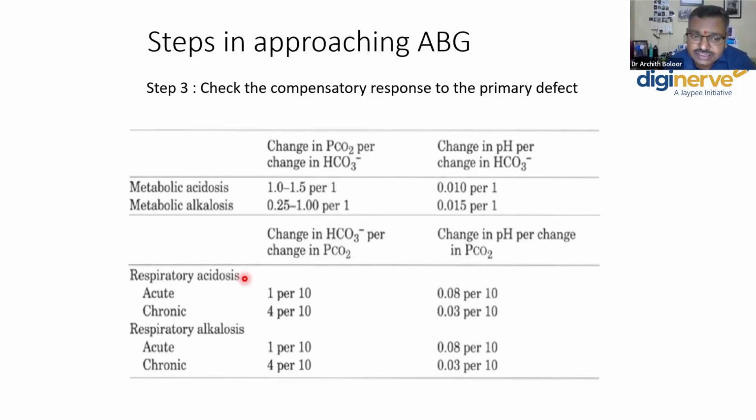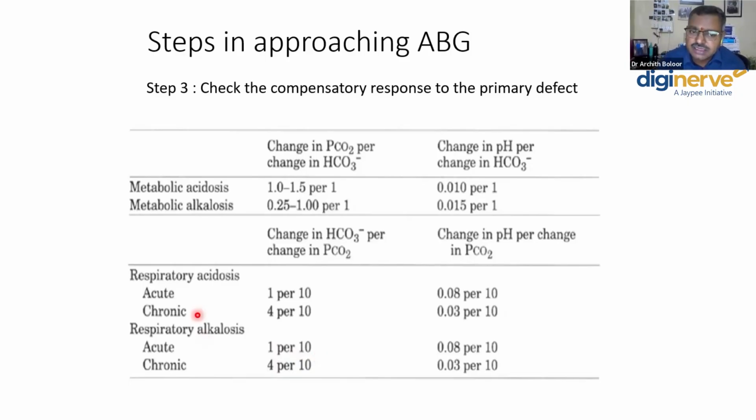In respiratory alkalosis, it's again 1 and 4, but there it is a rise. Change would either mean a rise or a fall: for an acidosis, it is a rise in bicarbonate; for alkalosis, it's a fall.